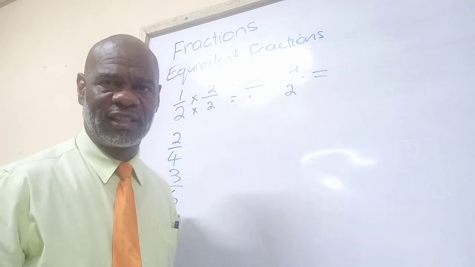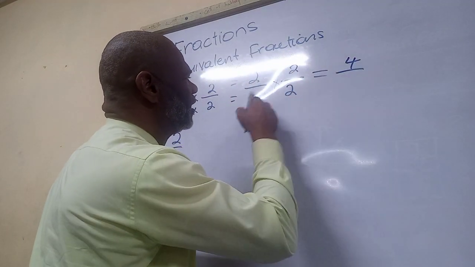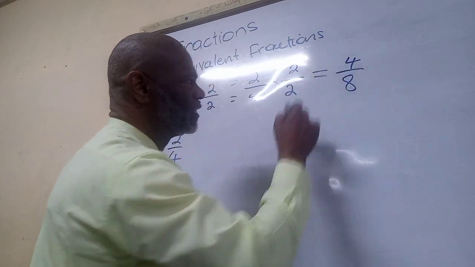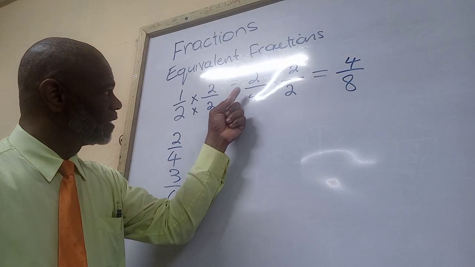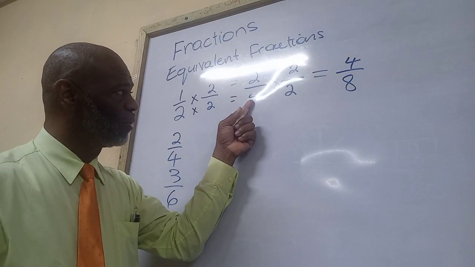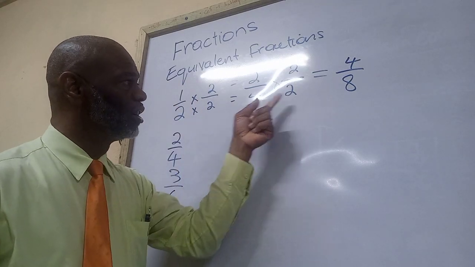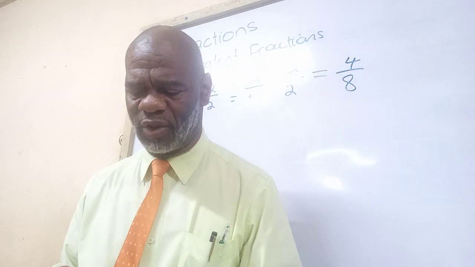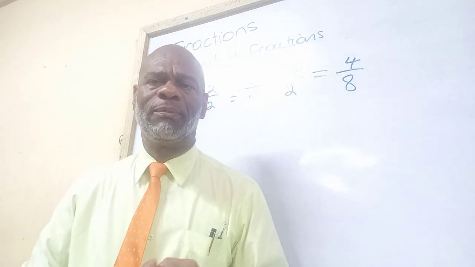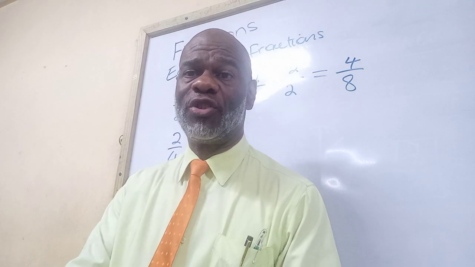Okay, so 2 times 2 is 4, and 4 twos are 8. See? We are back to it. So 2 over 4, 4 over 8, 1 over 2. They're all equivalent fractions. So that's how we make an equivalent fraction. So we multiply the numerator and the denominator by the same number.